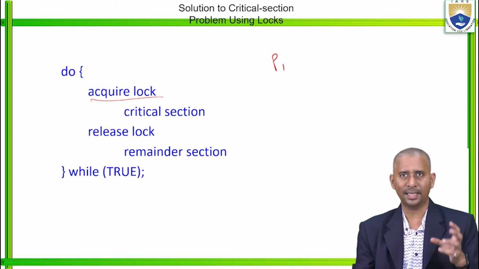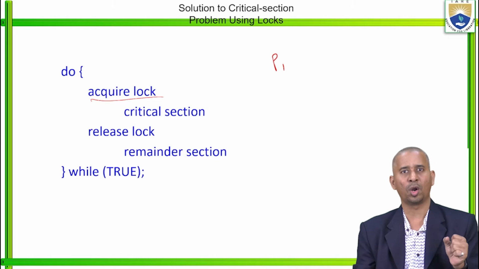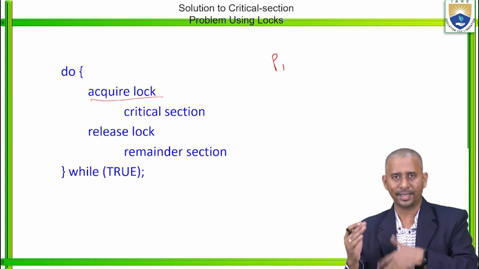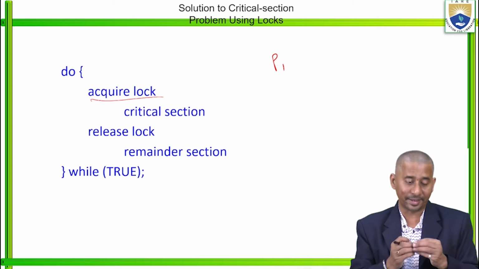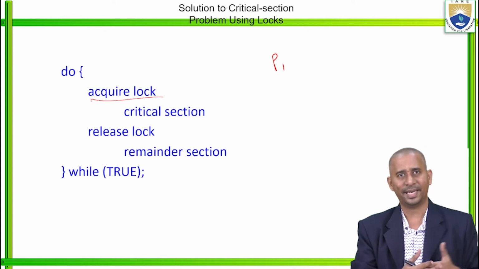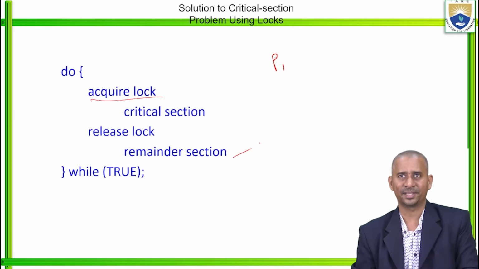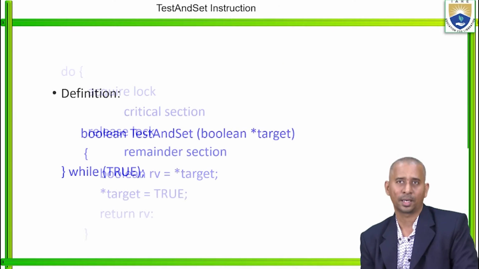Automatically P1 can get the lock. We can call it acquiring the lock. Then the critical section: P1 enters the critical section to execute its code. Finally, after completion of its work, it releases the lock so that the processor allocates the lock to the next process. Then release lock, remainder section. So this is the solution to the critical section problem using locks.